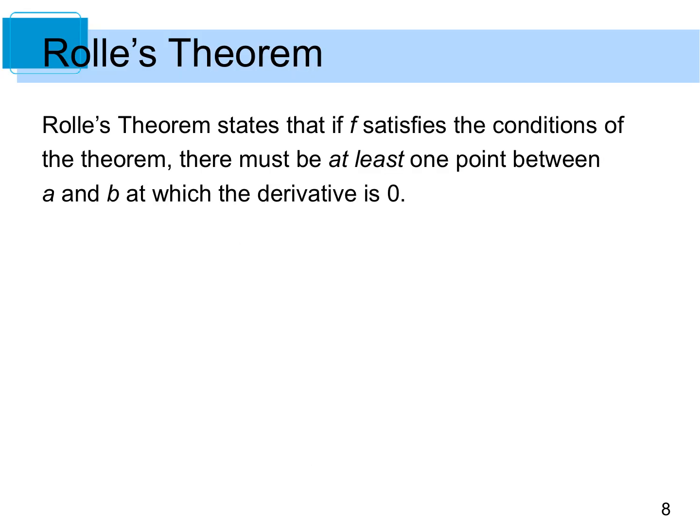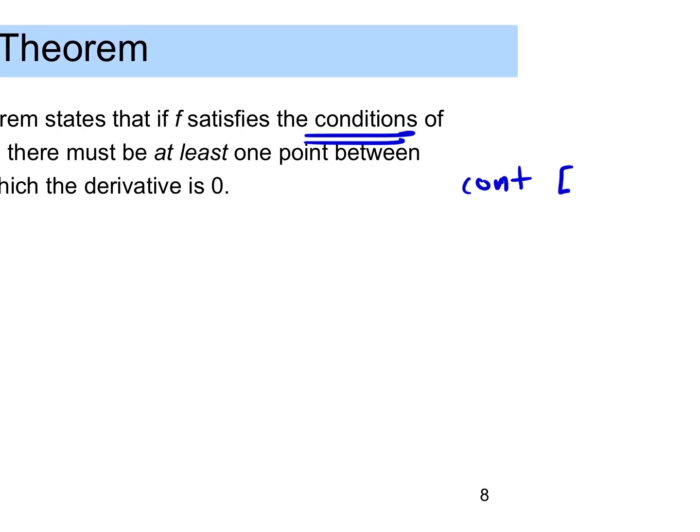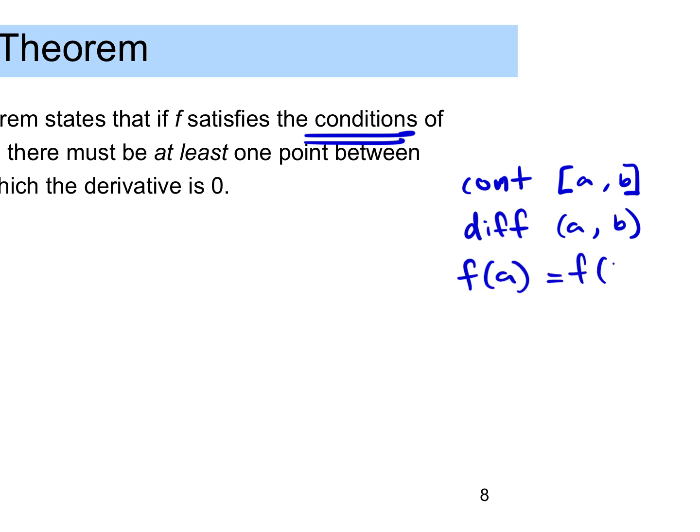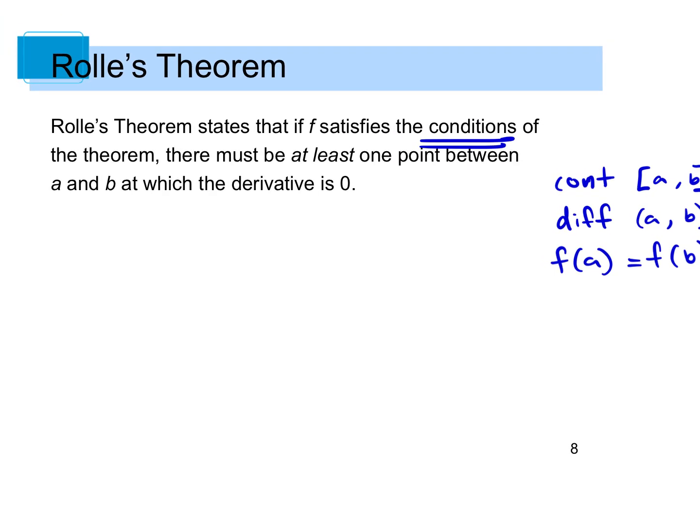So Rolle's theorem states that if f satisfies the conditions of the theorem, so our conditions are if it is continuous on the closed interval, I'll say from A to B, if it's differentiable on the open interval from A to B, and f of A is equal to f of B. So if these three conditions are true, then there must be at least one point between A and B at which the derivative is 0.